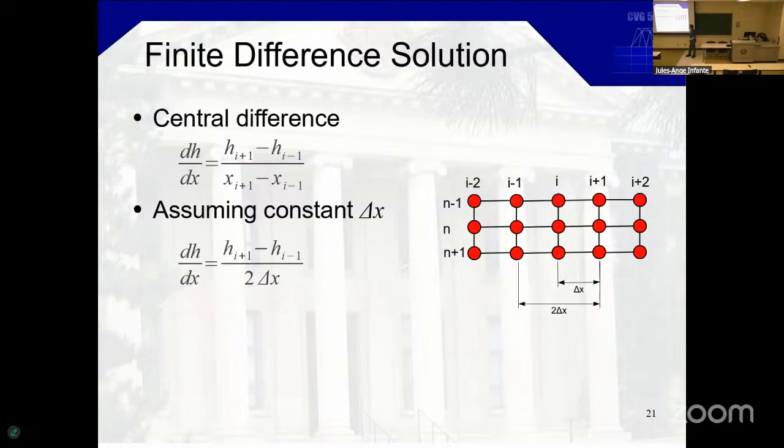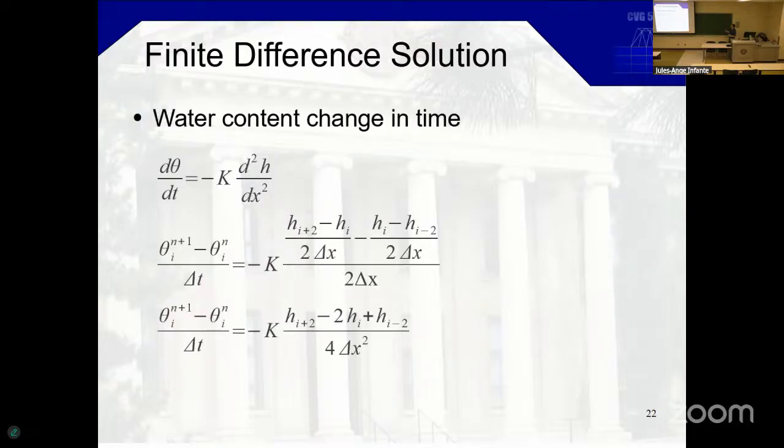So, if I assume I have one interval delta x, and I want to say the slope at this point is the difference of values of the derivative using the two neighbors, I have to divide by 2 times delta x, because if this is delta x, and that is also delta x, I have 2 delta x, correct? So if I assume that K is constant, I can keep it out of the equation.